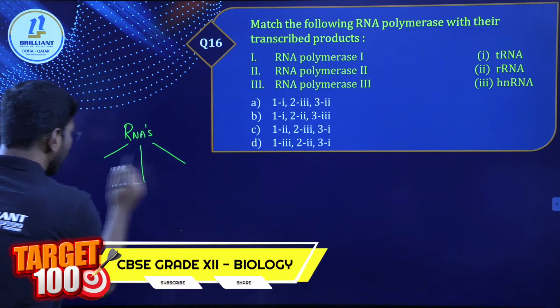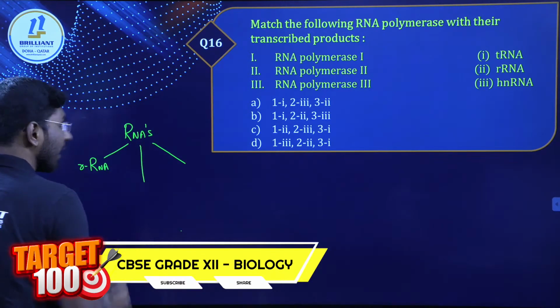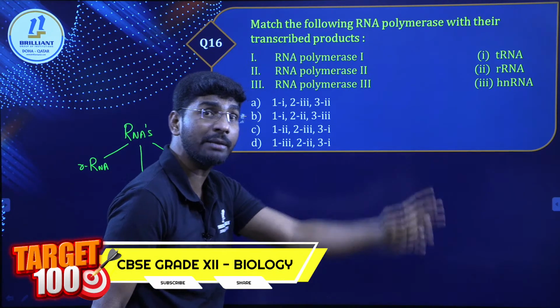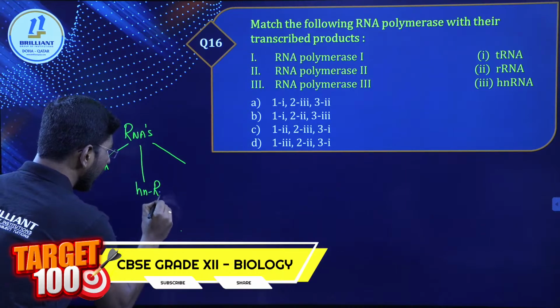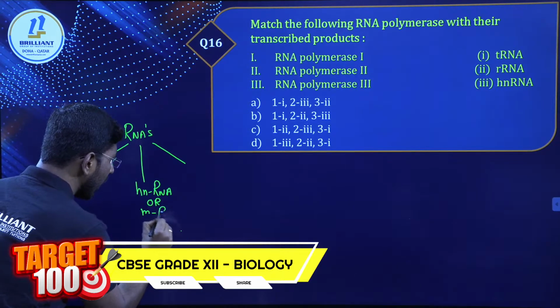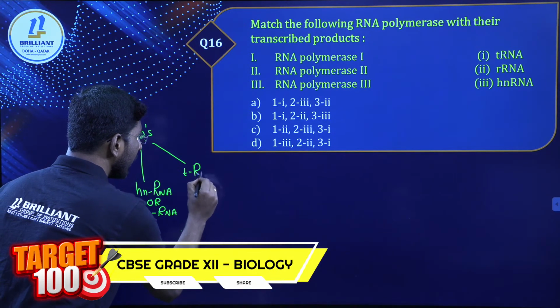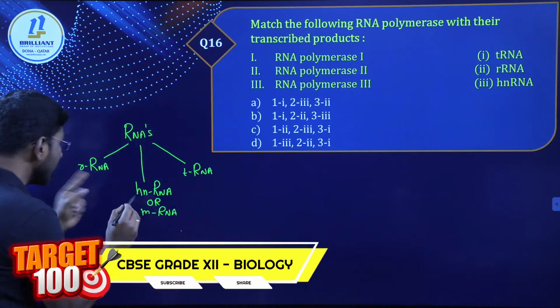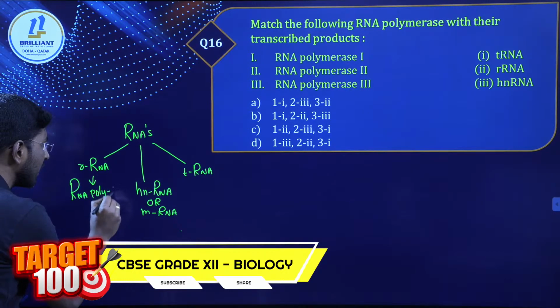The first RNA is called what? Tell me. rRNA, ribosomal RNA, the abundant RNA in animal cells. Number 2 is hnRNA, or I can write messenger RNA. Number 3, tRNA. Now, for the transcription of rRNA, RNA polymerase 1 enzyme.